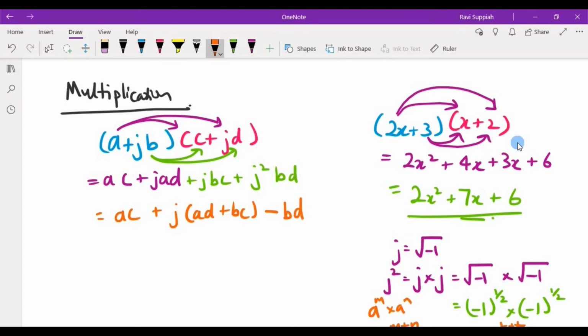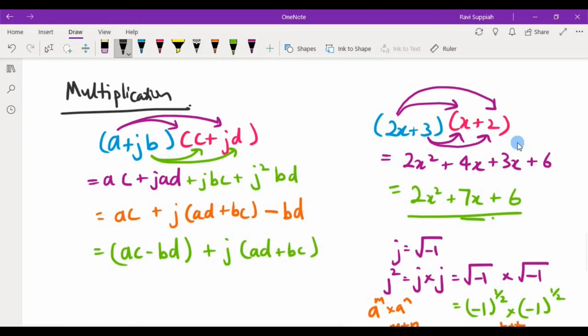And what do you see here? You see that now this term here, this negative bd, is no longer an imaginary number because there is no j associated with it anymore. It is now a real number just like ac. Alright, so that means that I can now group ac together with bd, and this is another group here, j(ad plus bc).